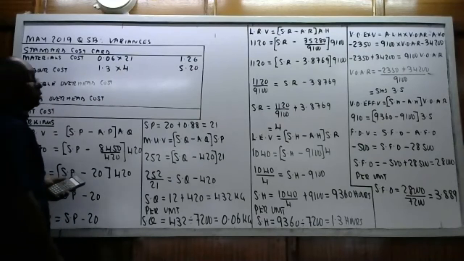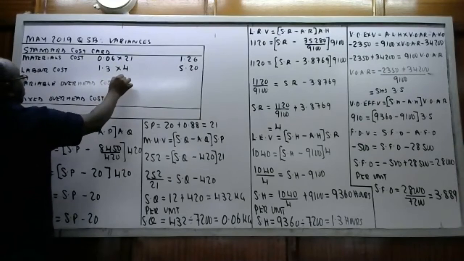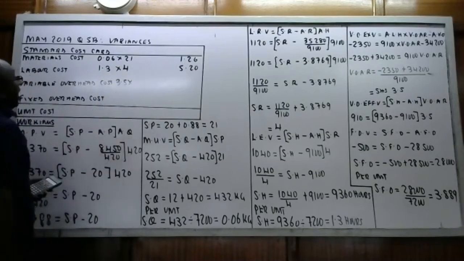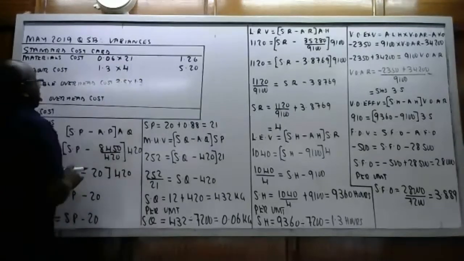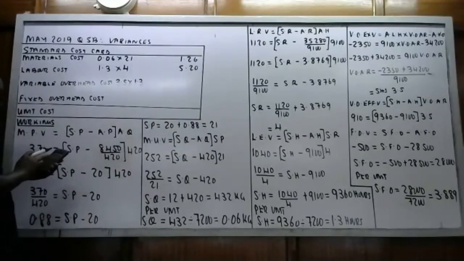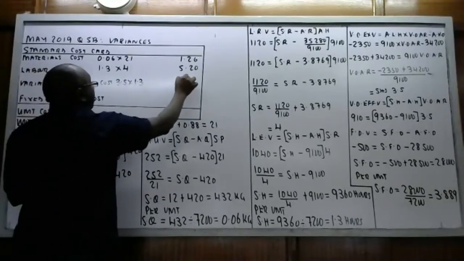Variable overheads, you get the OAR, that is 3.5, multiplied by the hours, 1.3. So 3.5 times 1.3 is 4.55.